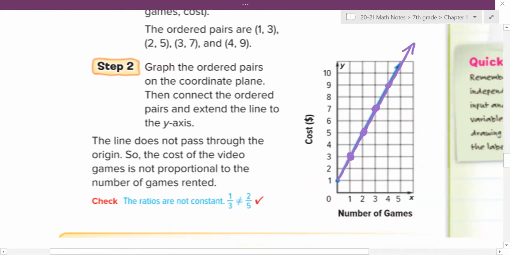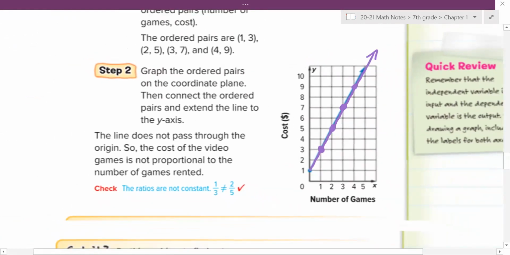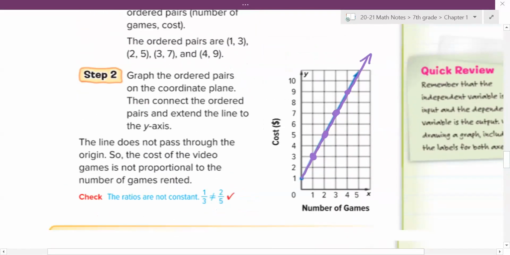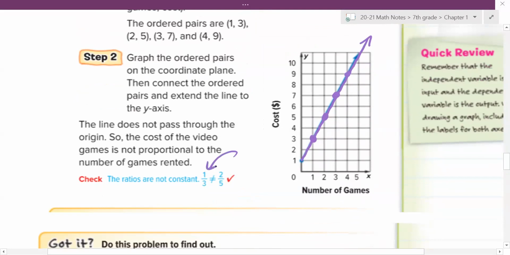It's not bad. The line does not pass through the origin. So there are two things that have to happen. One, a straight line. Is it a straight line? Yes, it is. But it does not pass through the origin, so it is not proportional. And the way that you can check that is if we were to take any of the ordered pairs, for example, 1, 3 and 2, 5.